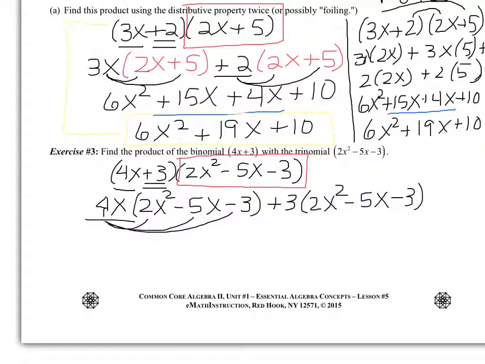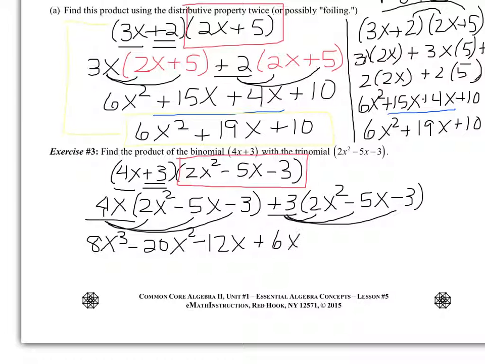I will end up with 8x cubed minus 20x squared minus 12x. And then I will do my second distributive, and I will get plus 6x squared minus 15x and a minus 9.